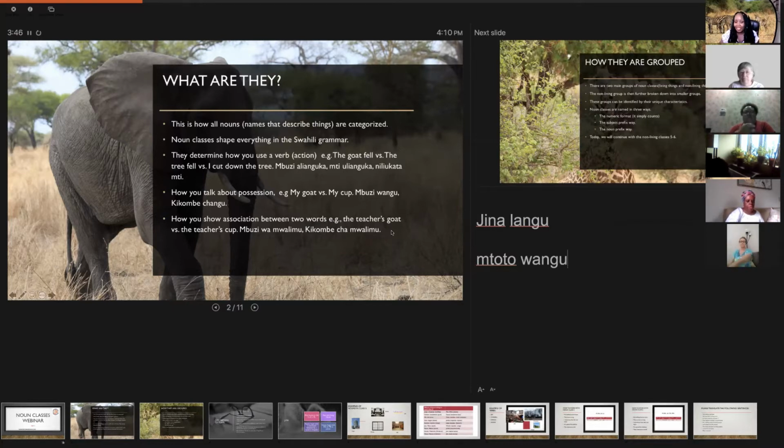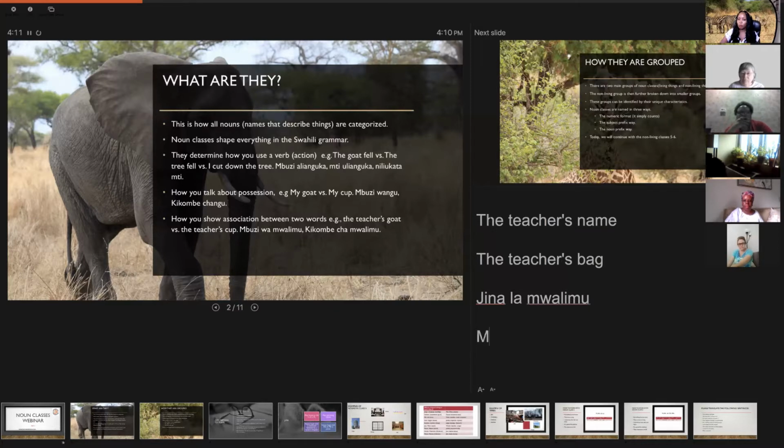Also, it shapes how we do the associative of. Now, we want to say the teacher's name versus the teacher's bag. So jina la mwalimu as opposed to mkoba wa mwalimu.